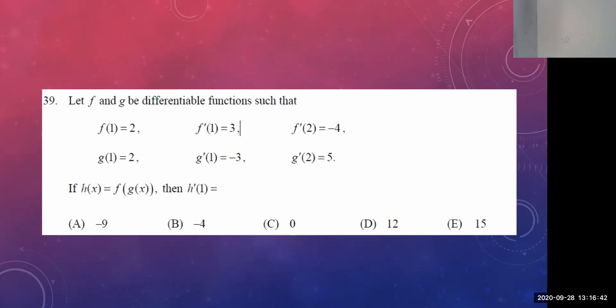So did anybody get an answer yet? Yeah, what'd you get? 12. Good. So answer choice D, right? Did anybody not get 12 and want me to go over it? Okay.